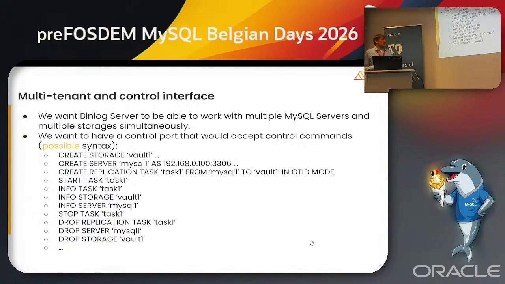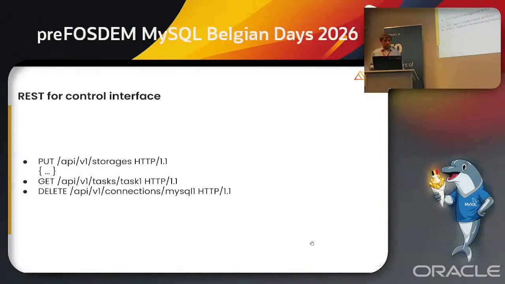Here are a few ideas how we can do this with possible primitive syntax: creating storages, creating servers, starting replication, etc. Also, at some point, maybe people would like to see this control interface as a REST one. Web guys would like this.